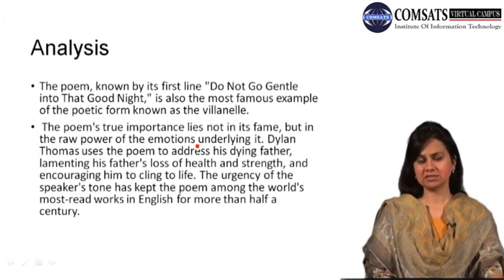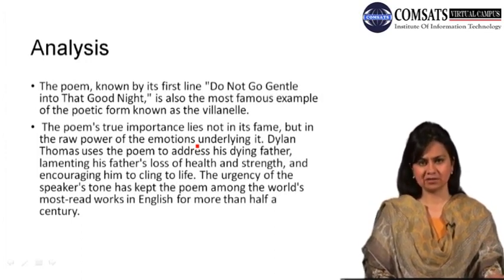But within the immediate setting, the poem might be addressed to some particular person. For example, Donne's poem Valediction Forbidding Mourning, in which the conceit of a compass is used, that is addressed to his beloved, the wife, for whom he wrote the poem at the time of departure from the city to another city. So that was the immediate audience of the poem.